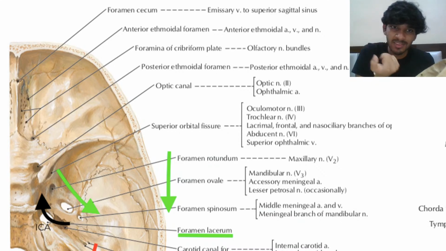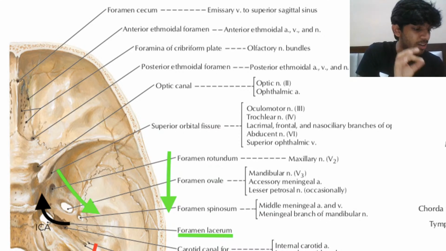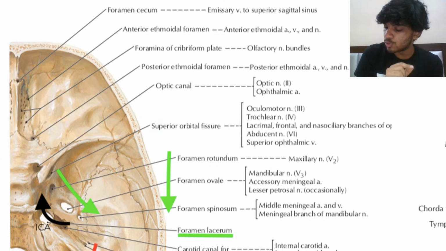When it is present, it gives an emissary vein to the superior sagittal sinus, which connects it to the nose. I would have covered this if you had covered the nose so far, but you can leave this. This is not important.